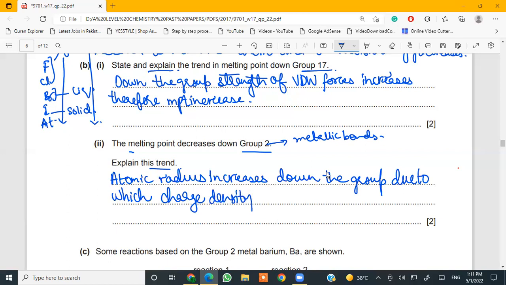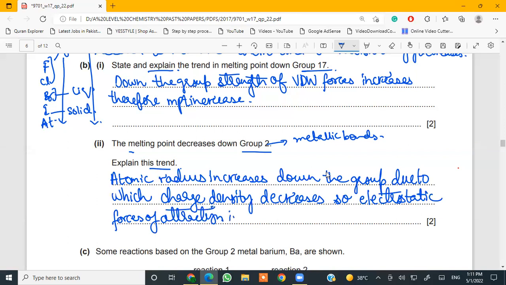Charge density decreases, so metallic bond strength would decrease, right? So the electrostatic forces of attraction between the atoms, which are the metallic bonds, would become weaker. Electrostatic forces of attraction, i.e. the metallic bonds, would become weaker.